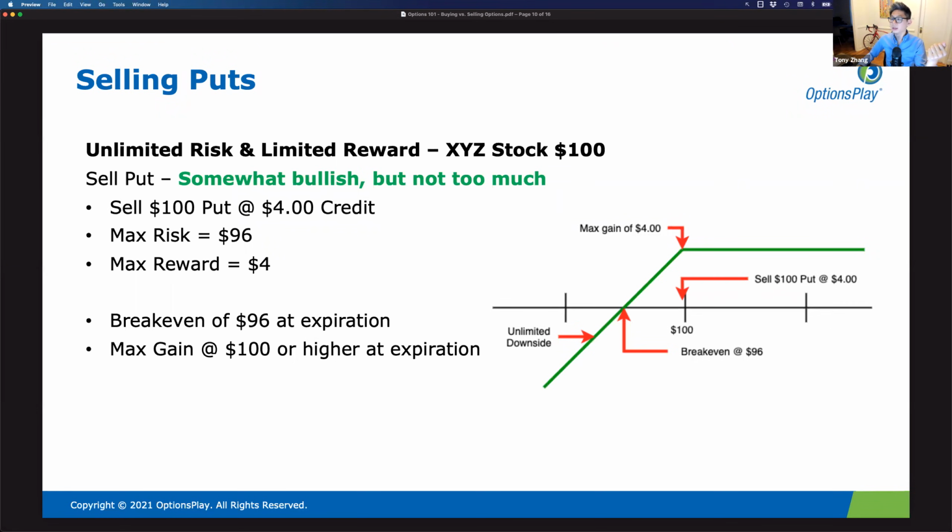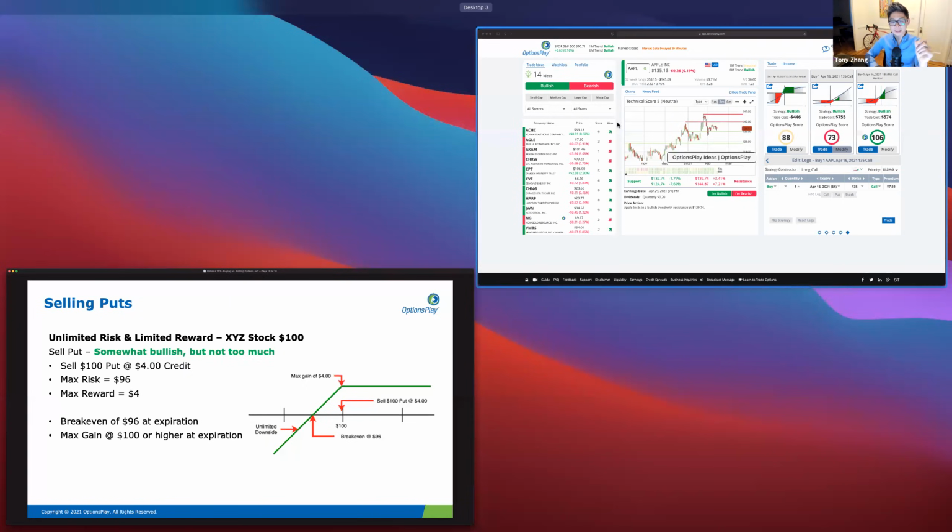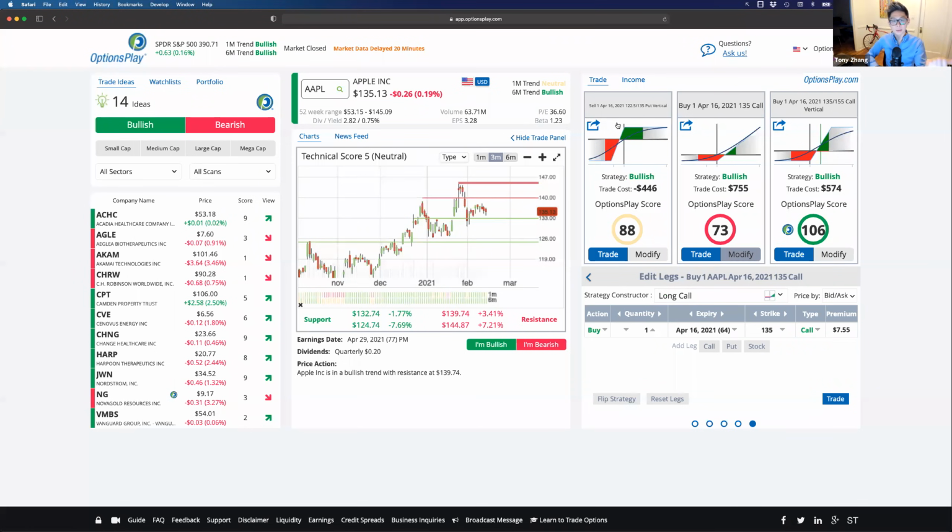Ram is saying, the OptionsPlay trading platform says bearish on a stock and the credit spread says bullish on the same stock sometimes. Ram, so here's the thing, right? The credit spread report is finding optimal credit spreads. The thing about credit spreads is that you can sell a credit spread on a bearish stock.